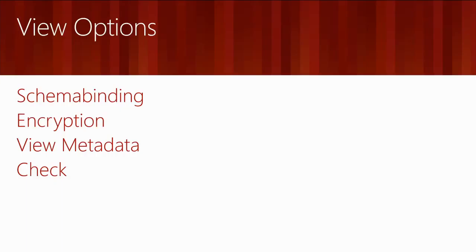That view metadata is going to give you the ability to return back metadata when people use that view. And the last big thing is check. The thing that check is going to wind up doing is it's going to prevent modifications that would remove data from the view.